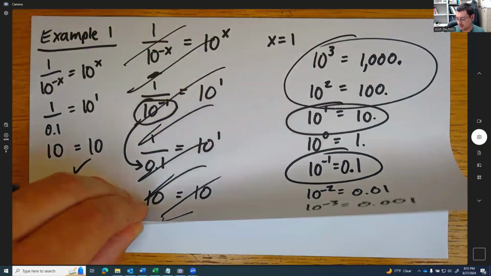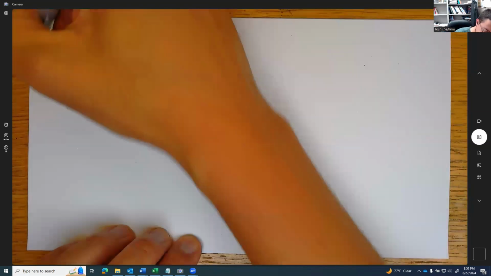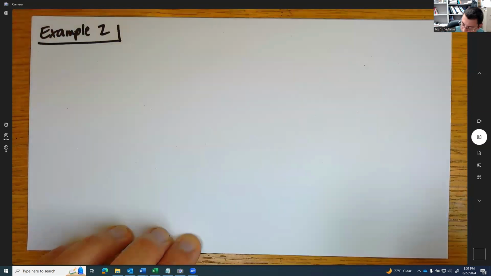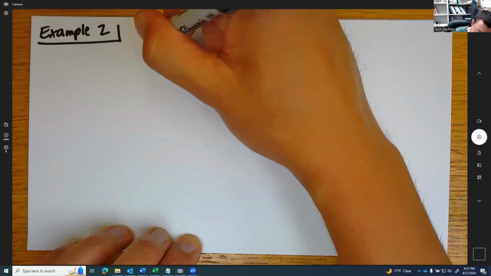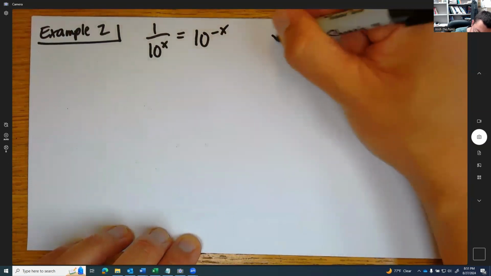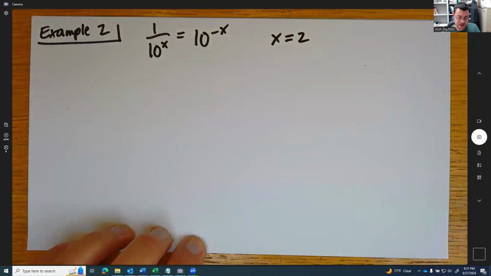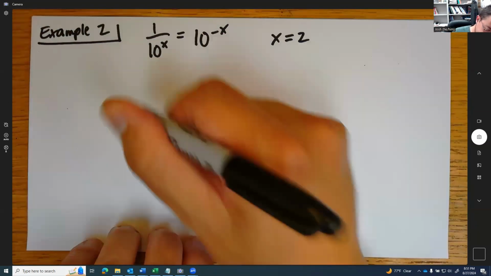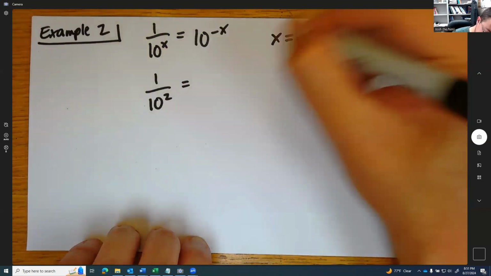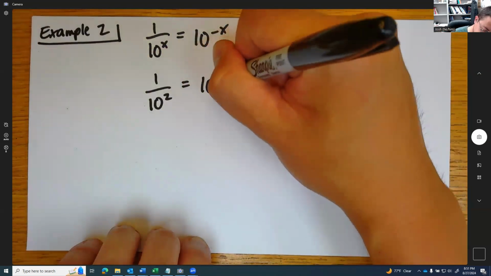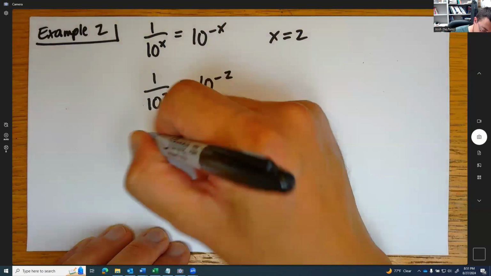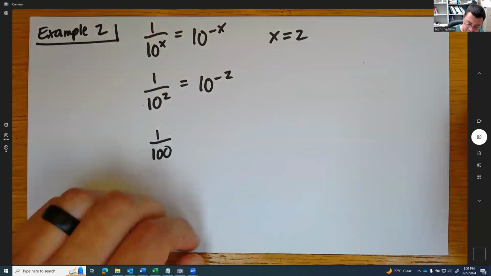All right, let's keep this going. Example 2. We're going to show that 1 over 10 to the x is equal to 10 to the negative x. They gave a suggestion of using x equals 2. So 1 over 10 squared is equal to 10 to the negative 2 power. This is what we're trying to prove. 10 to the second power is 100, so we can put that substitution there.